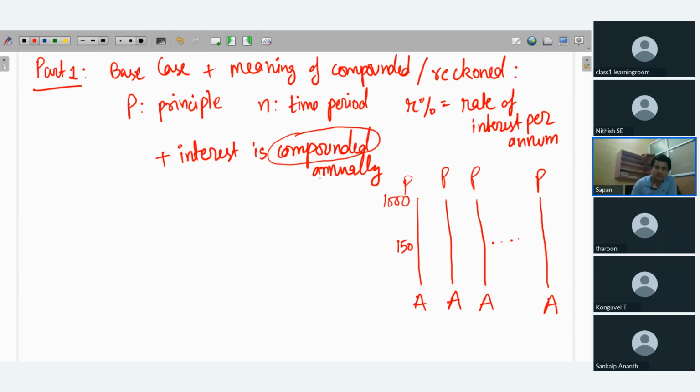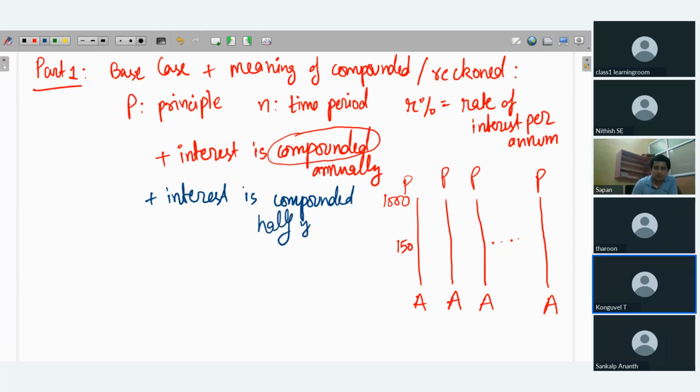Now, if I change this annually word and say that interest is compounded half yearly, that is where you see that at the end of 6 months, the interest is credited to your account. There is a very important thing to remember: the rate of interest is still per annum, but the interest is compounded half yearly.